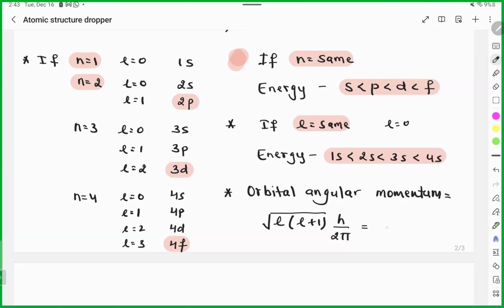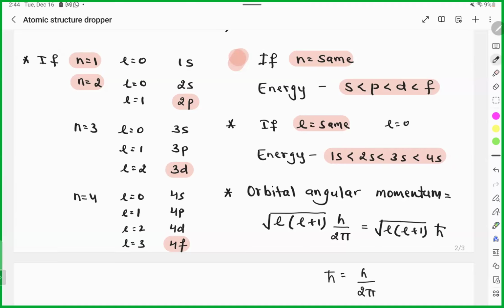Sometimes the same thing is written in the form of root L(L+1) ħ. If you write like this, it means this ħ is equal to h upon 2 pi.